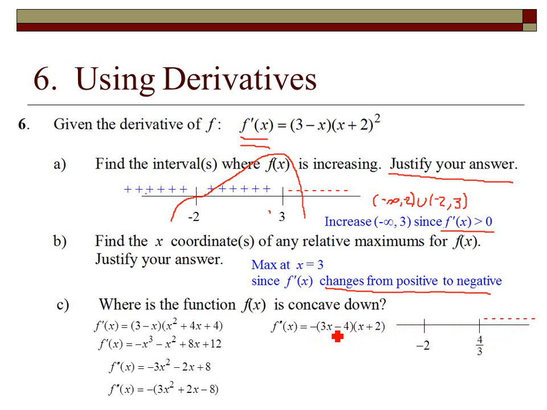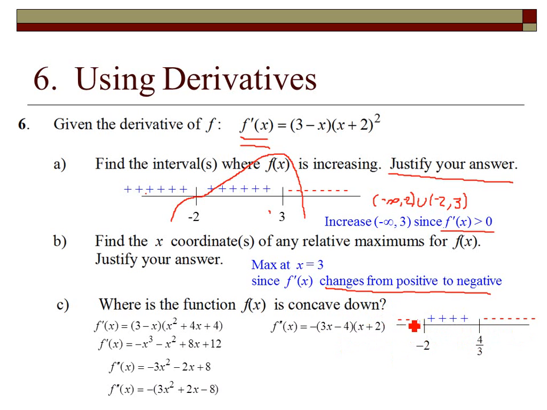If I plugged in 0, I'd have negative of -4 is positive 4 times 2, so that makes this part positive. I could even plug in another number, but there's no square, so the signs should alternate. Once you get one of these, you can figure out what the other ones are. So just plugging in 0 might be the easiest thing to do. Make sure that you find the correct region, and the signs tend to alternate.